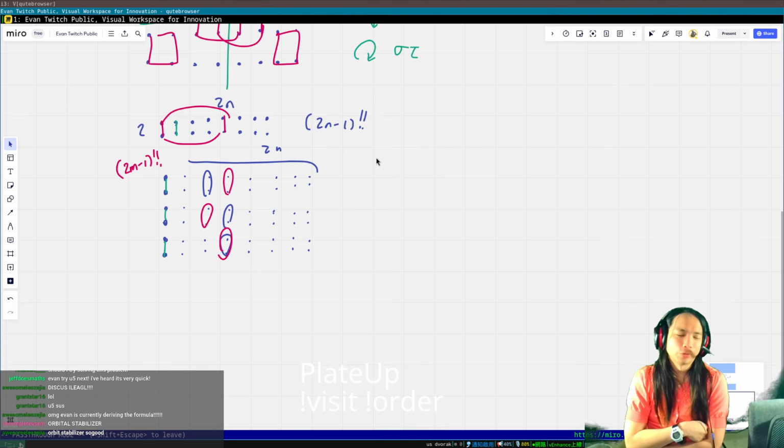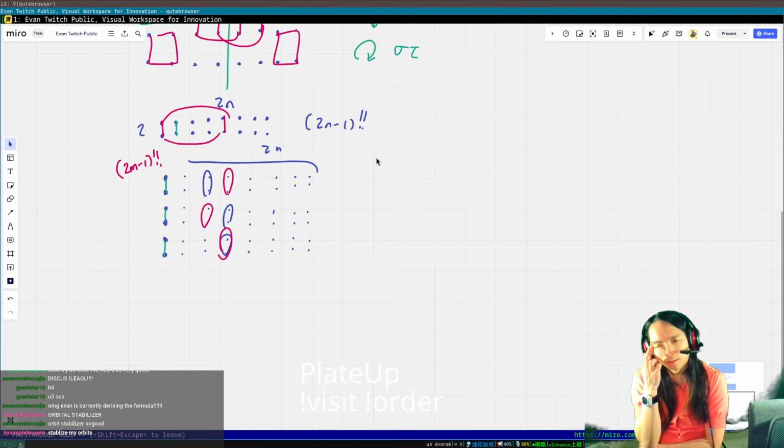So among these 2n minus 1 things, I pick an ordered sequence, and a bunch of the terms of that ordered sequence are the same. Does that just work? I feel like this just works.